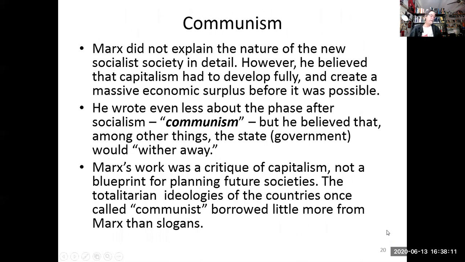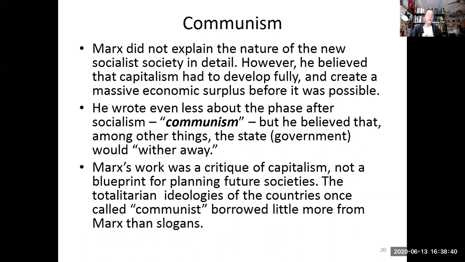You move to another phase of social formation, social organization called socialism, where the state basically is running the economy. Private property still exists, but the means of production is owned by the state, by the government. He felt that form of society, socialism, would give way to what he called communism. But basically, he wrote about capitalism.